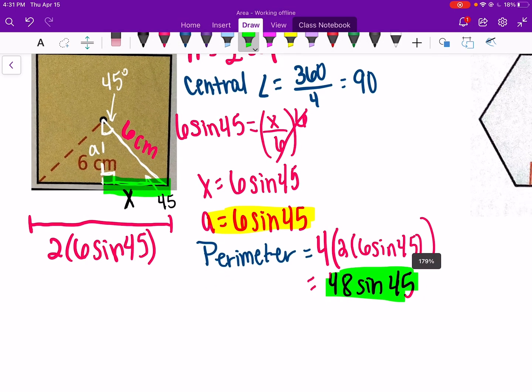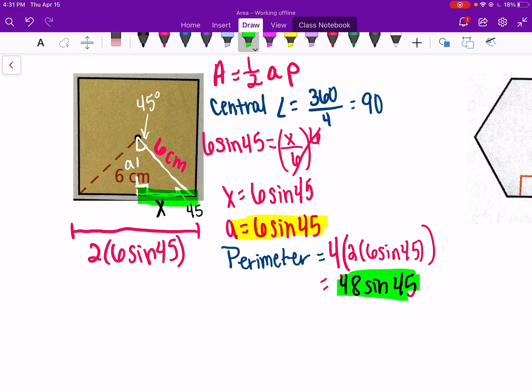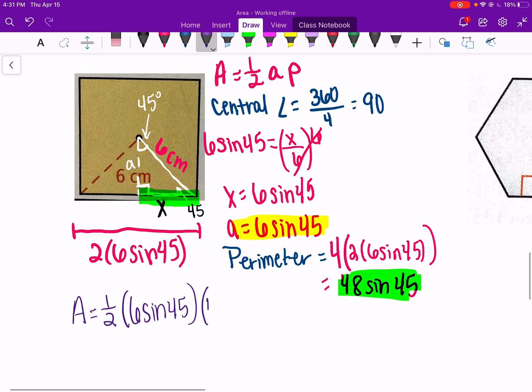So to find our area, we take 1/2 times a times our perimeter.